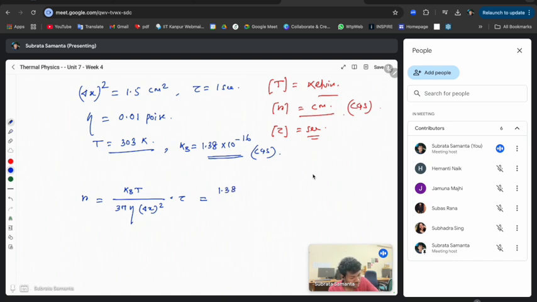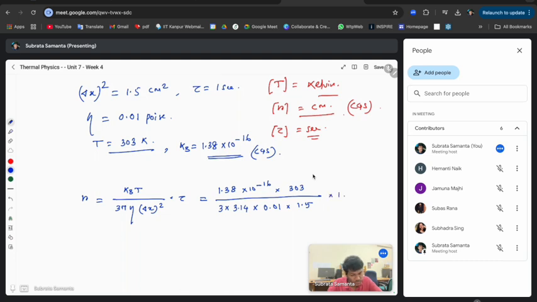Kb is the Boltzmann constant, 1.38 times 10 to the power minus 16, times temperature 303 Kelvin, divided by 3 times pi, which is 3.14, and eta is 0.01 poise in CGS unit, and delta x square is 1.5 centimeter square in CGS unit, and tau is 1.